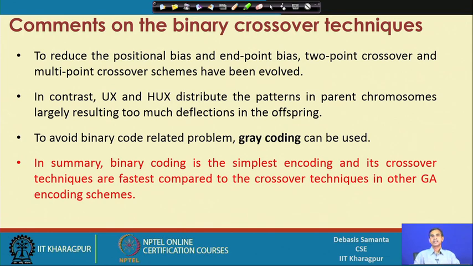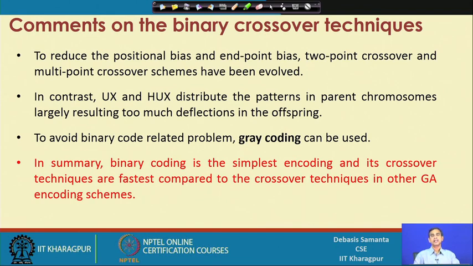Now, this is the last thing that we want to mention in the context of binary coded GA crossover technique. Binary coding is comparable to any other coding technique in fact, because crossover is the costliest operation in the GA algorithm.